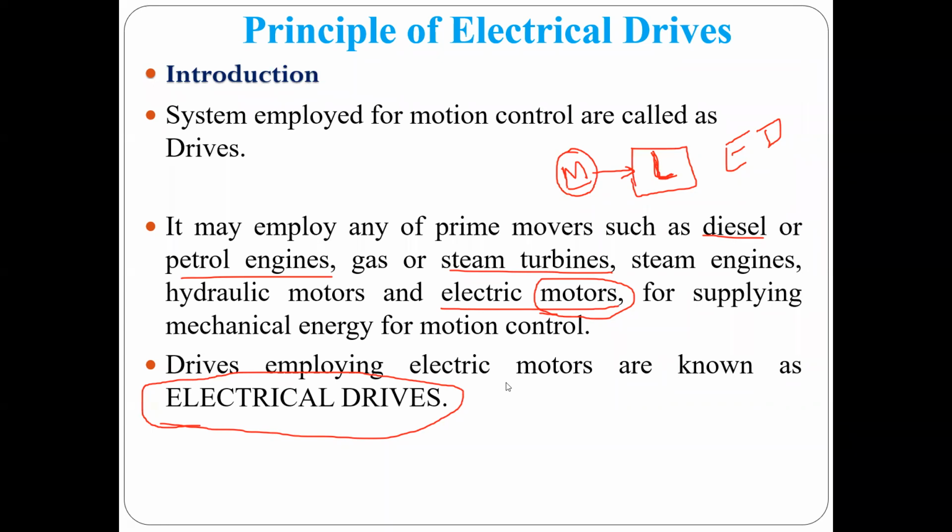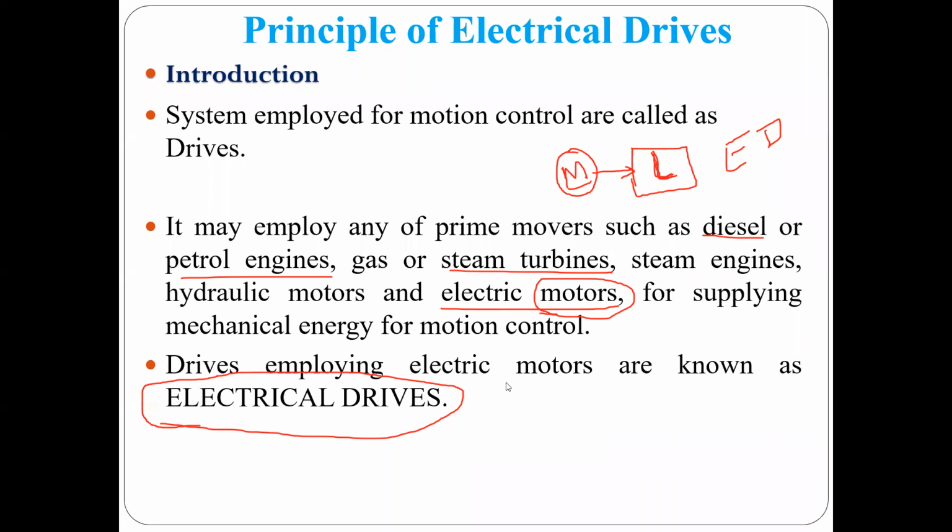The drive is that which is observing the speed of the vehicle, the position of the vehicle, and the direction of the vehicle. That one can be called a drive.